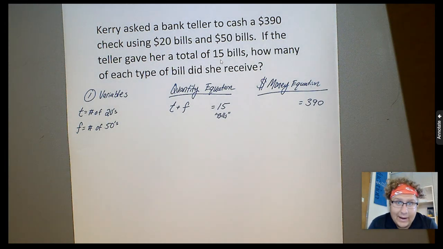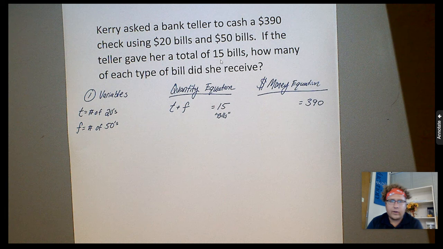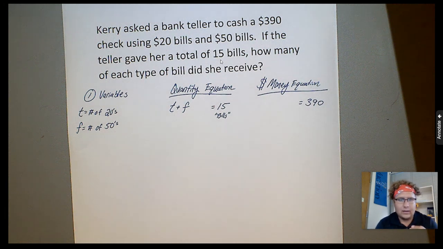My suggestion is try to make the other equation. Pause the video right now and see if you can make what the equation should be for the money. So pause. All right, welcome back. Hopefully by now you figured out that the money is going to have not only the variable, but also a coefficient, because for every $20 bill, there's $20.